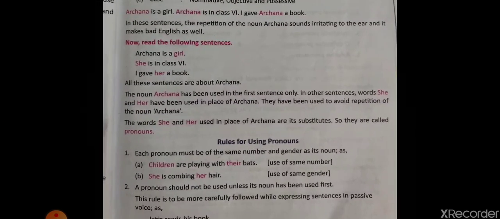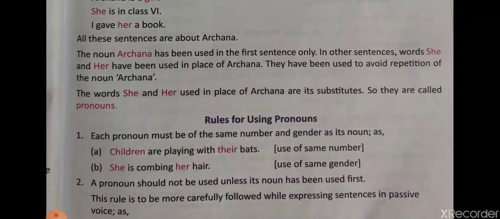Now, coming on to the rules for using pronoun. So the first rule is each pronoun must be of the same number and gender as its noun. The gender of the pronoun and the noun should be the same.